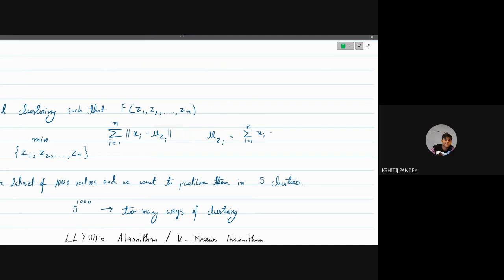For that we'll use an indicator function, zi equal to k, and we'll divide this by the number of points belonging to that particular cluster, which we'll get from summation i from 1 to n. And here again we'll use an indicator function, because we don't want to count all the points in the data set. We just want to count the points belonging to the given cluster.